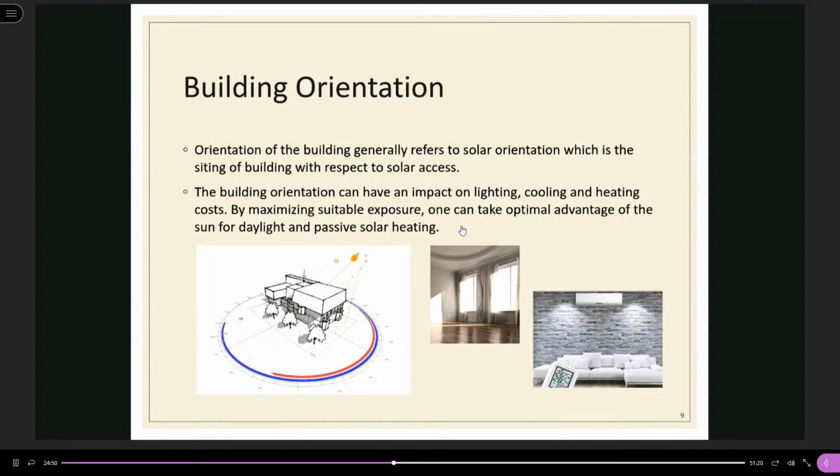So we may want to block the sunlight coming at a high angle, but we want to harvest the skylight. And sunlight in the winter will be more welcoming. We welcome winter sunlight, but not summer sunlight.